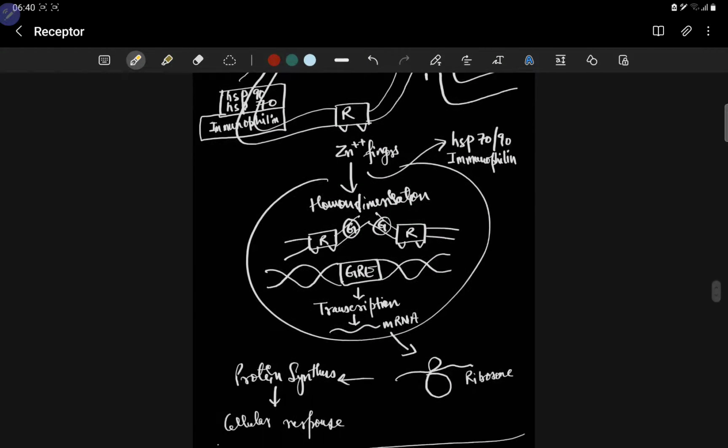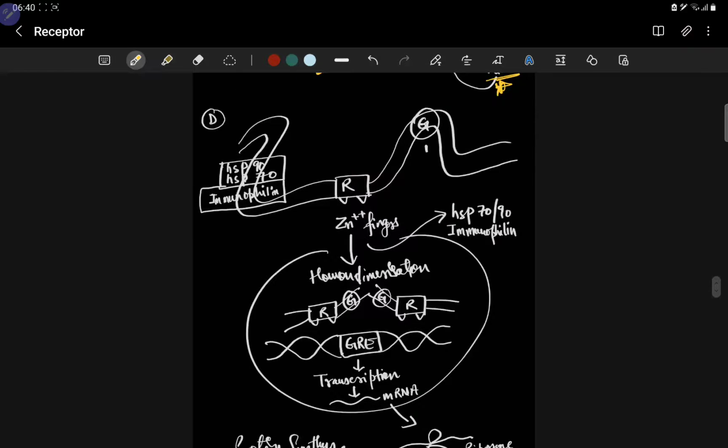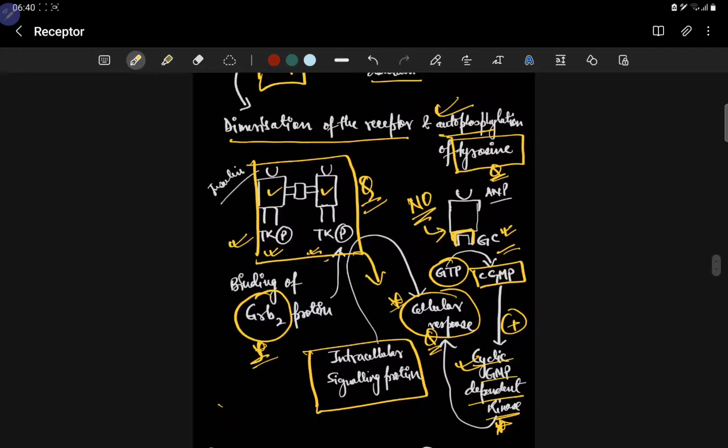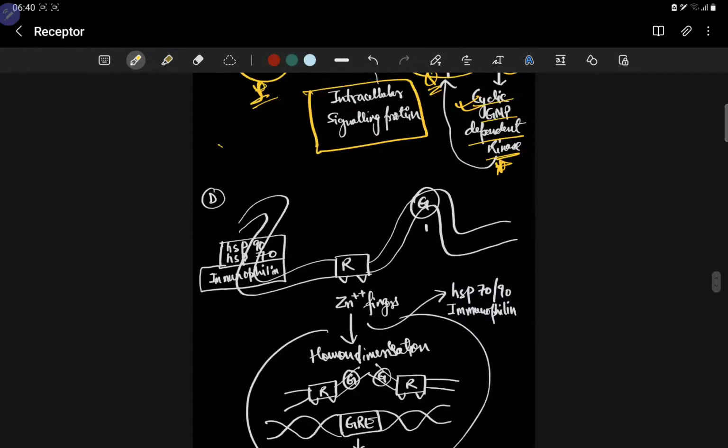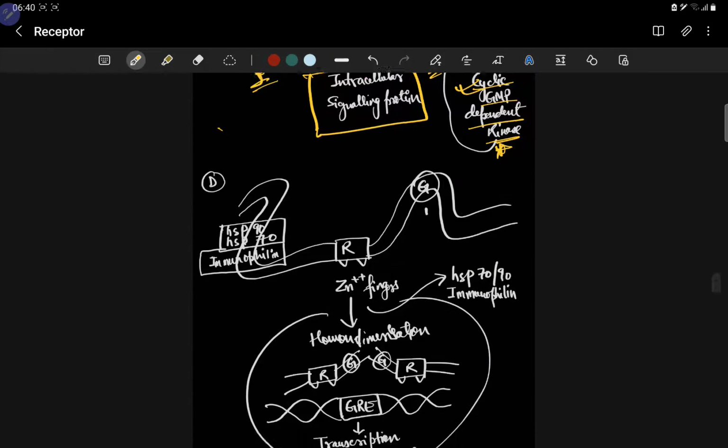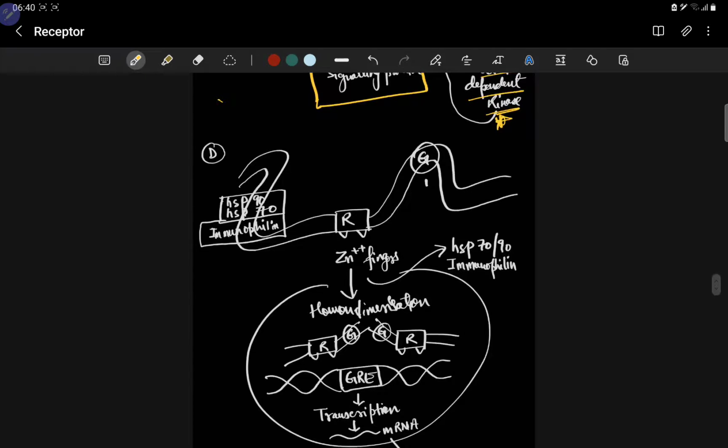Now a few other, like this is the last thing we are going to discuss. So what happens, we have seen there is dimerization, right? This is dimerization. Okay, now another dimerization I would like to discuss. The first is heat shock protein 90 and 70 with immunophilin.